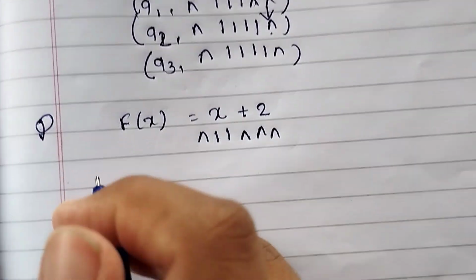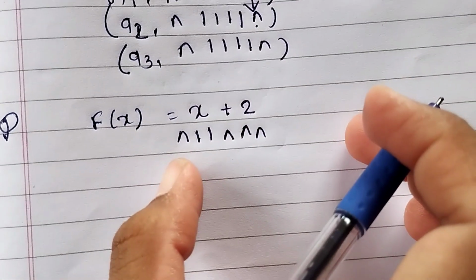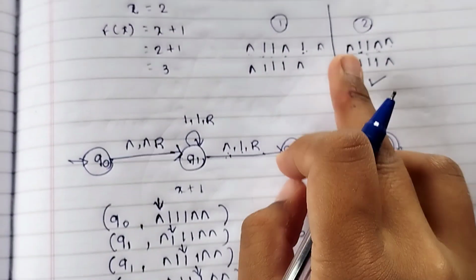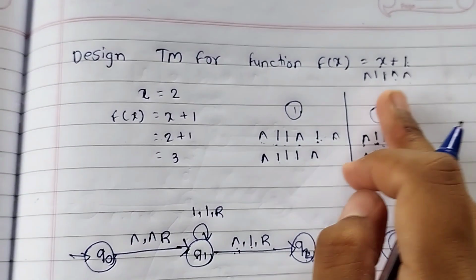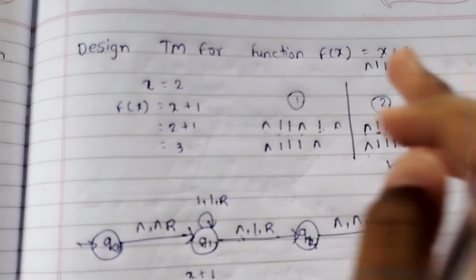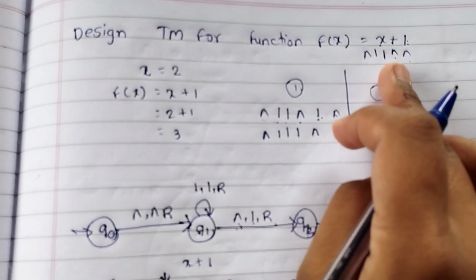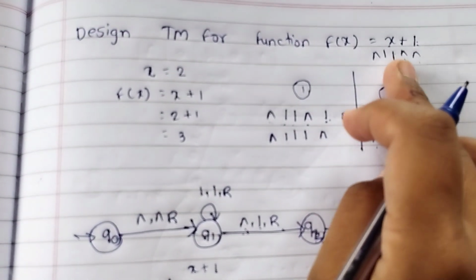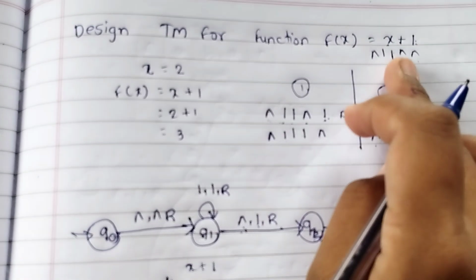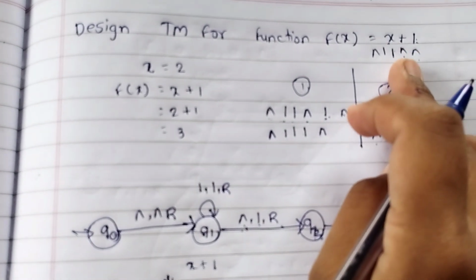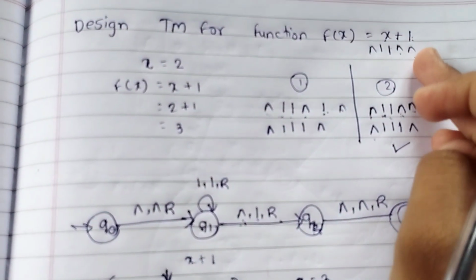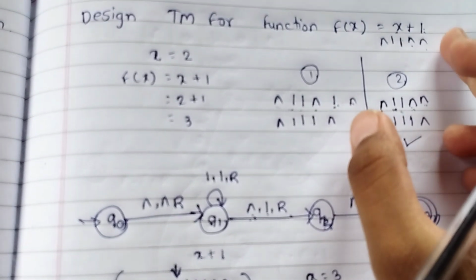So let's start. The same logic we apply as in the x+1 function, meaning we only move to the right side one by one, and when you read the first null, convert this null into 1, and after that if you read the null value, then you are in the final state.